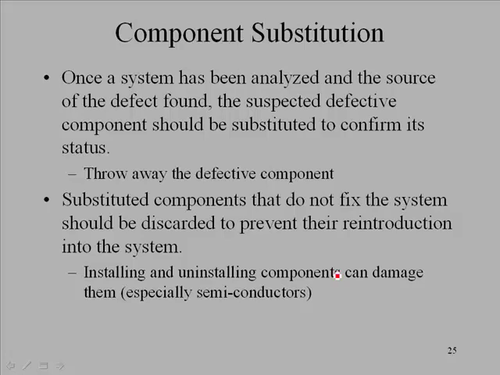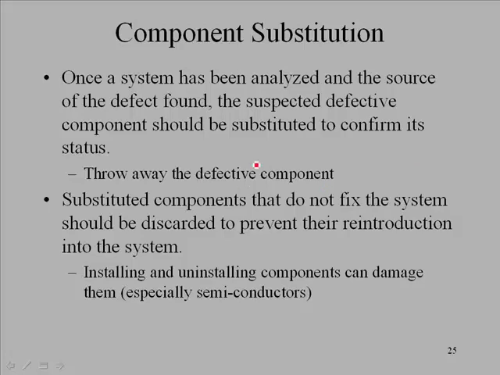Component substitution. Once a system has been analyzed and the source of the defect found, the suspected defective component should be substituted to confirm its status. So, you find a component that you suspect is bad, then you replace it. The component that you have replaced needs to be disposed of.